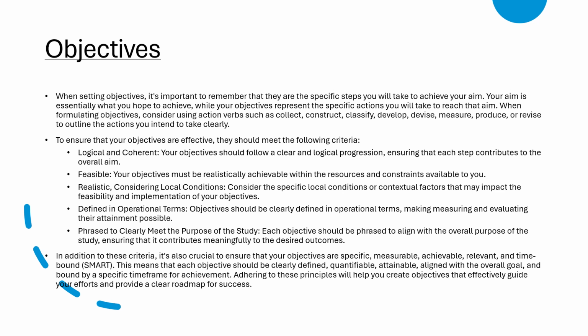As I said, I don't want to read out all of this, but from the basic side, what is the objective? The objective is the method of your research: the steps or techniques you take to achieve your aims.